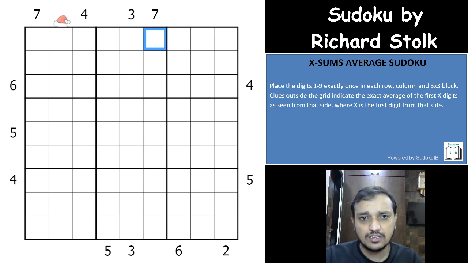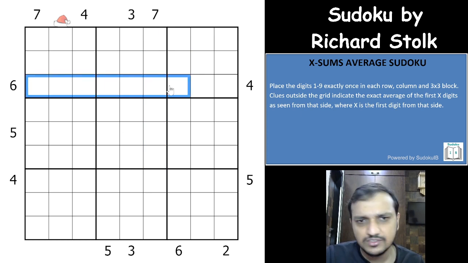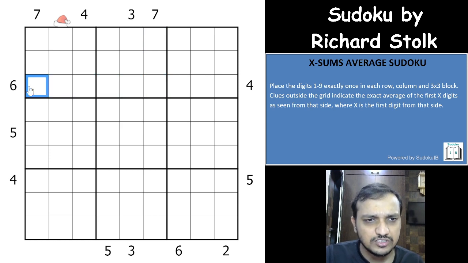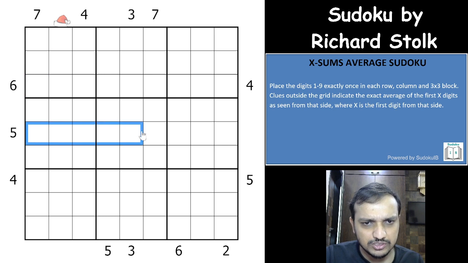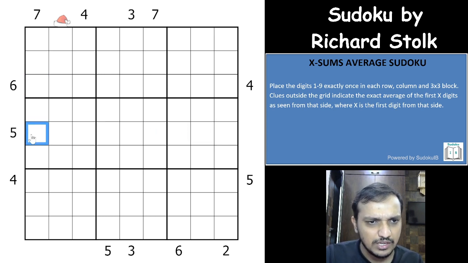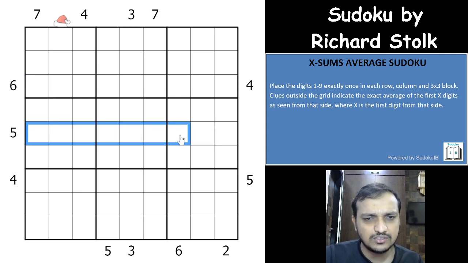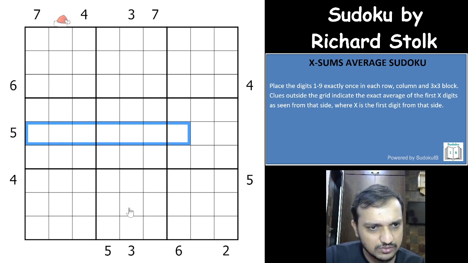The X is indicated by the first digit in that direction. So let us assume the first digit X is in the first cell in that direction, and the average of the first few digits is 5. Let me give you an example here.